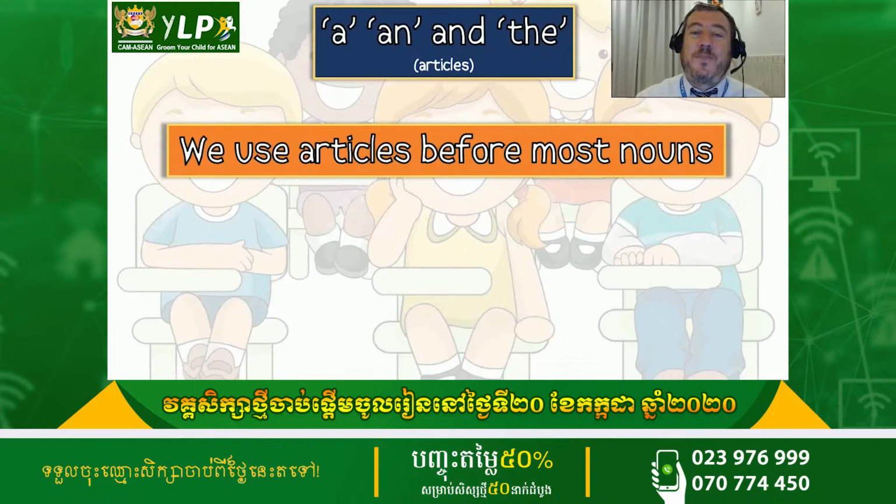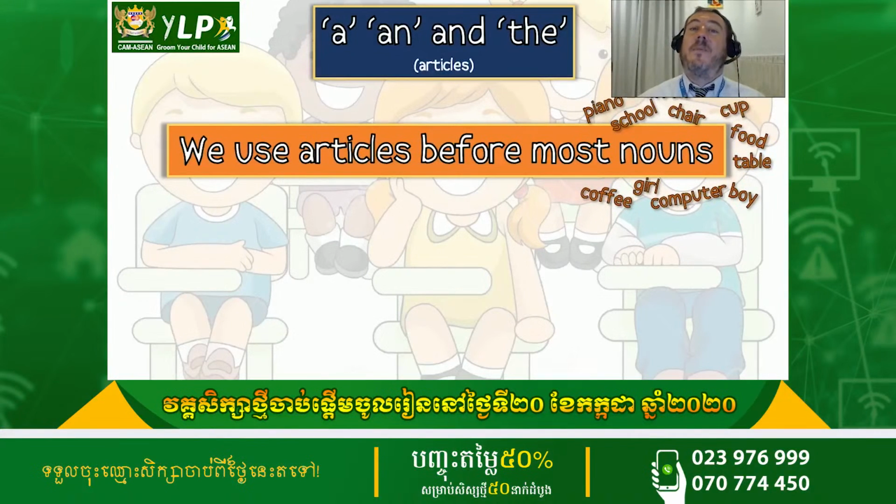If you can remember that they're called articles, that's good, but it's not important. Don't worry if you forget what they're called. You remember what nouns are. We use articles before most nouns.